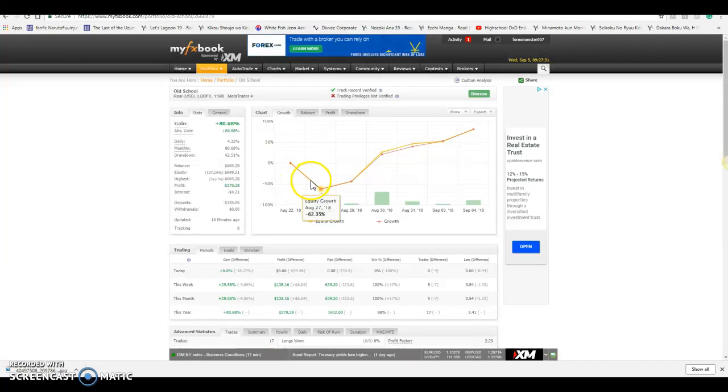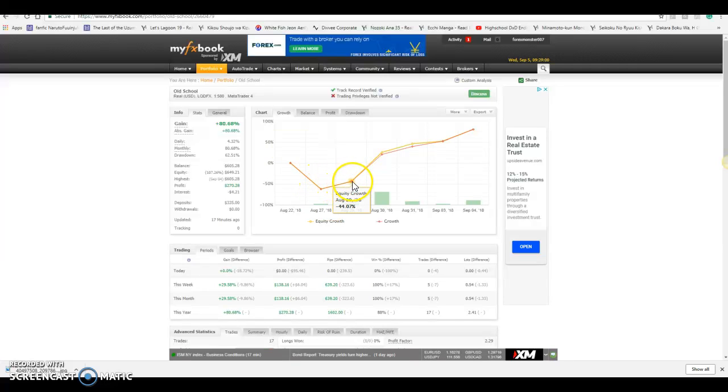You can see that he lost in the beginning of the month. He lost 62% of his account. There were some trades where we took some losses, we had to cut our losses and get out of those trades, which was a good thing that we did, because a lot of people have blown accounts and everything else, but we just took the losses and jumped out of those trades.